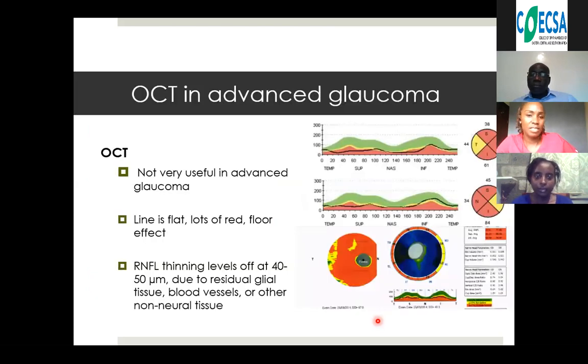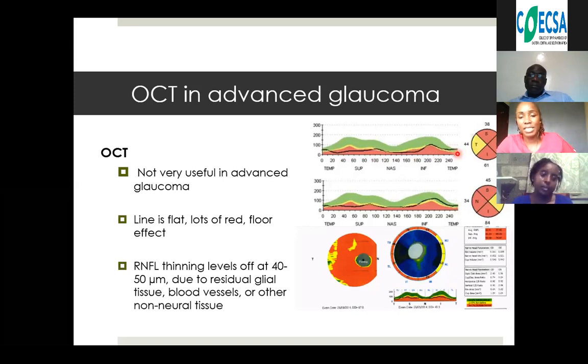Now, is OCT useful in these cases? From literature and from what we have found, it is not very useful in advanced glaucoma, because you'll have what is called a floor effect. Everything is just red. The line is just in the red.